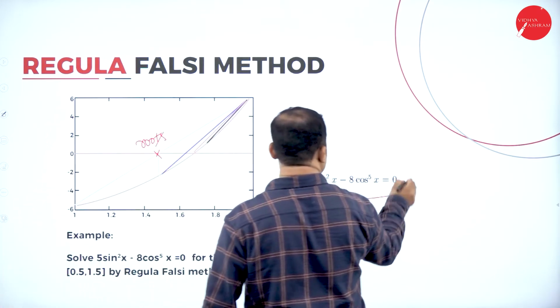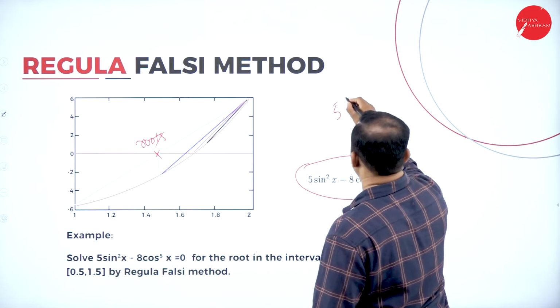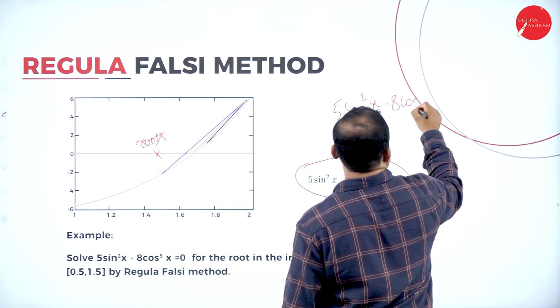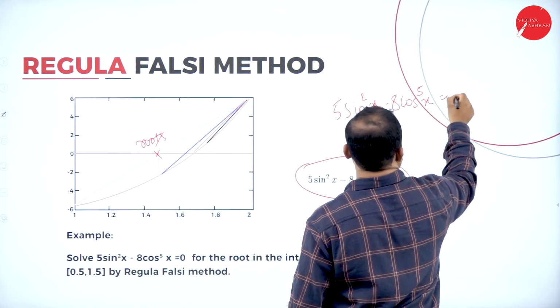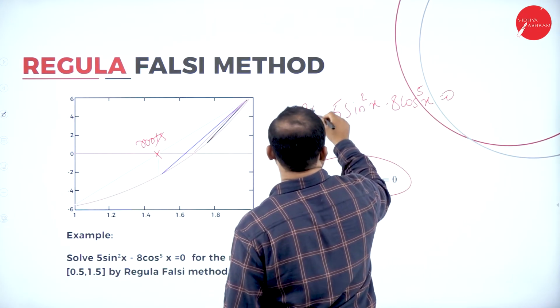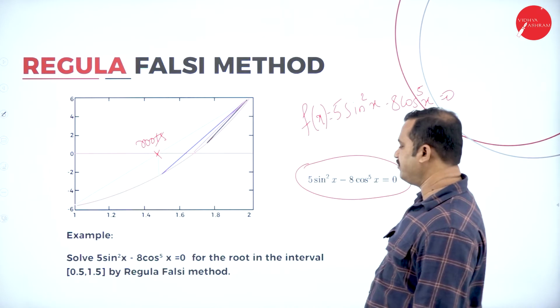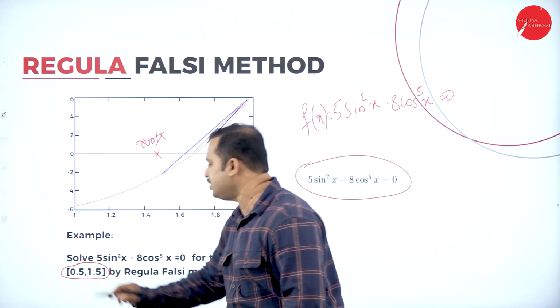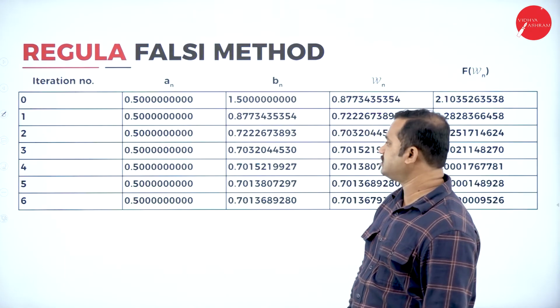For this equation, 5 sin square x minus 8 cos to the power 5x equal to 0, that means f of x equal to this. This is the criterion we have given here. How can I find the roots of the equation? By considering 0.5 and 1.5 as the interval.